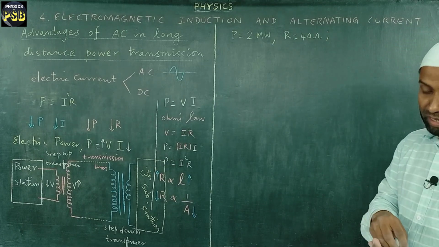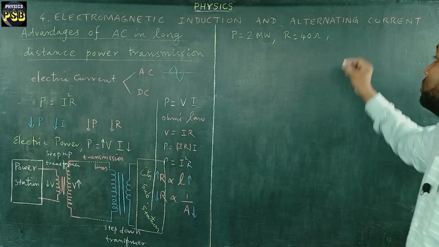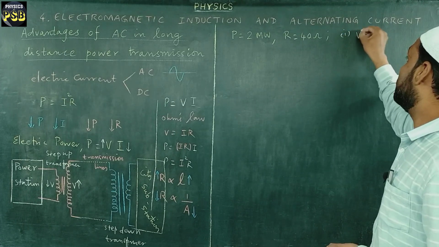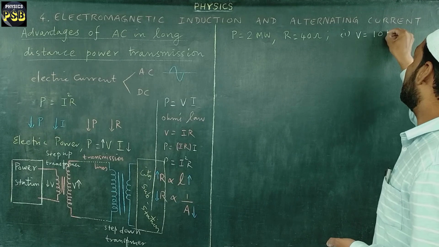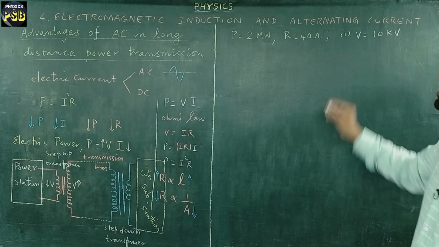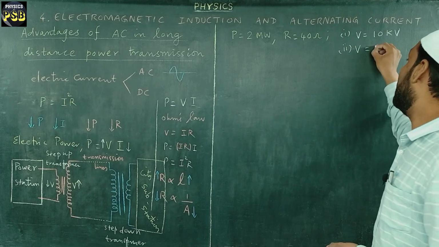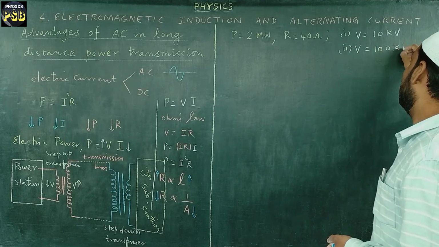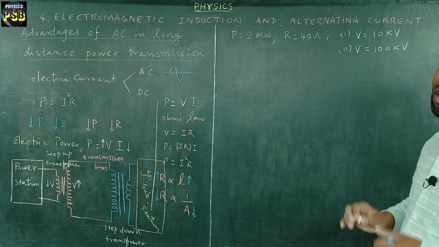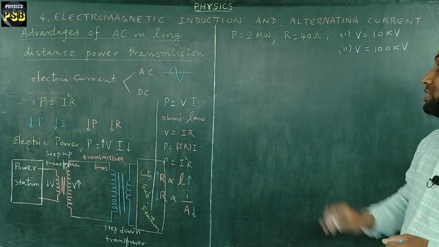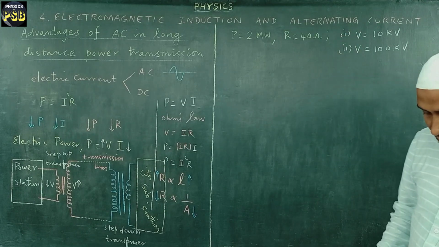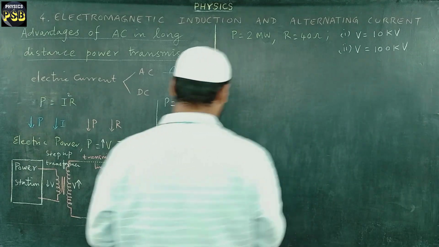First, I take the voltage to be equal to 10 kilovolt. Then in the second case, I will take the voltage to be equal to 100 kilovolt. Now, let's see what will be the percentage of power loss in these two cases.